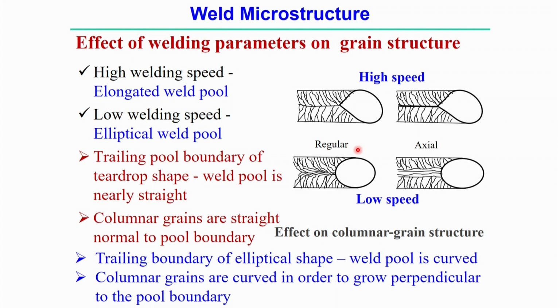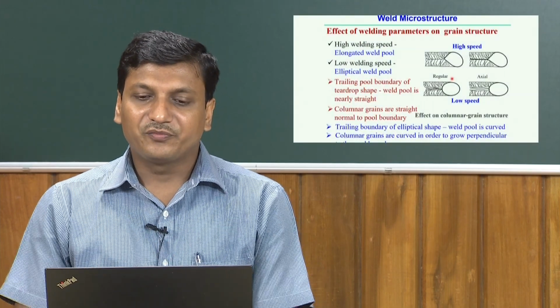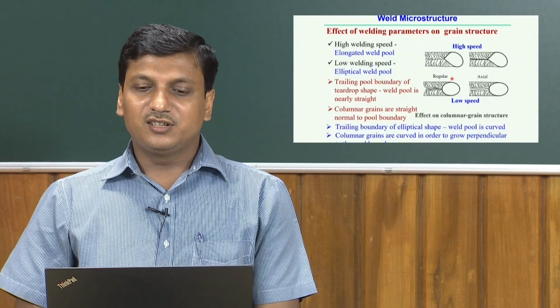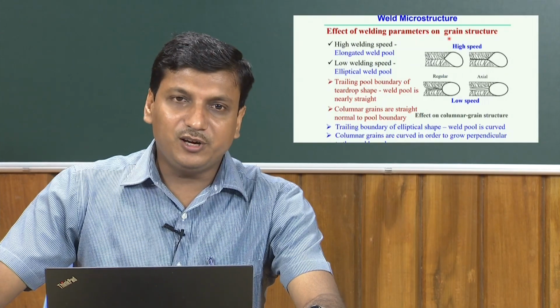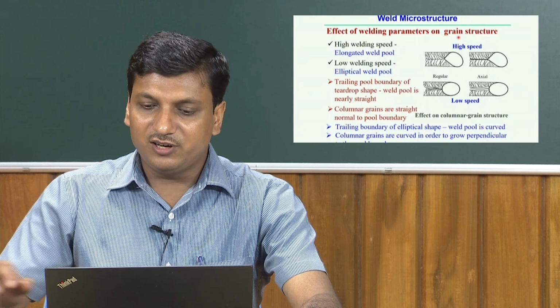But in case of low speed, since the trailing boundary is of elliptical shape, the weld pool makes a curve, and the columnar grains are also curved in order to grow perpendicular to the weld pool boundary. So, making the initial curve, it finally ends up almost perpendicular to the weld line. These are the typical weld grain structures observed during the welding process.